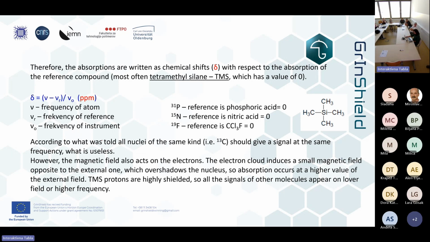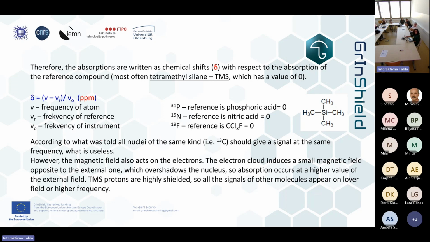So the reason they show signals at various positions is that the magnet also influences electrons around the proton, and so the nucleus is, depending on the surrounding, more or less shielded, and this shielding actually makes the differences.